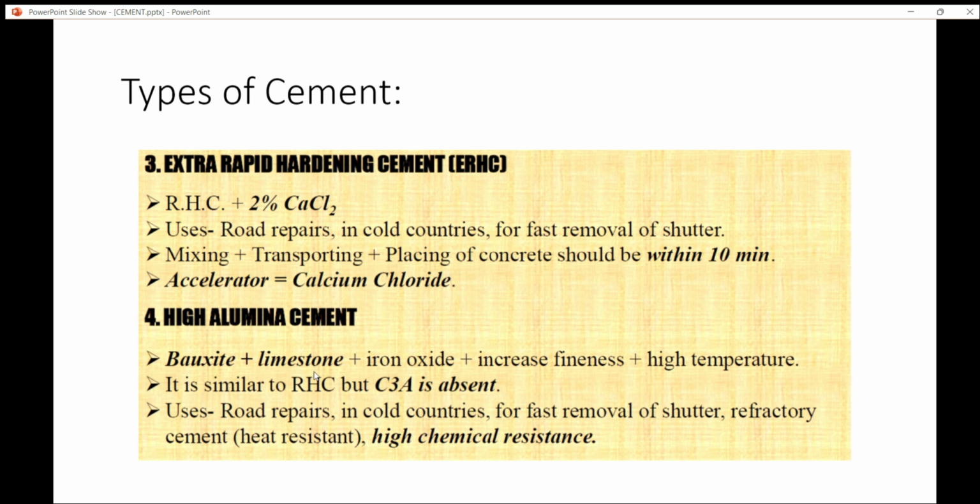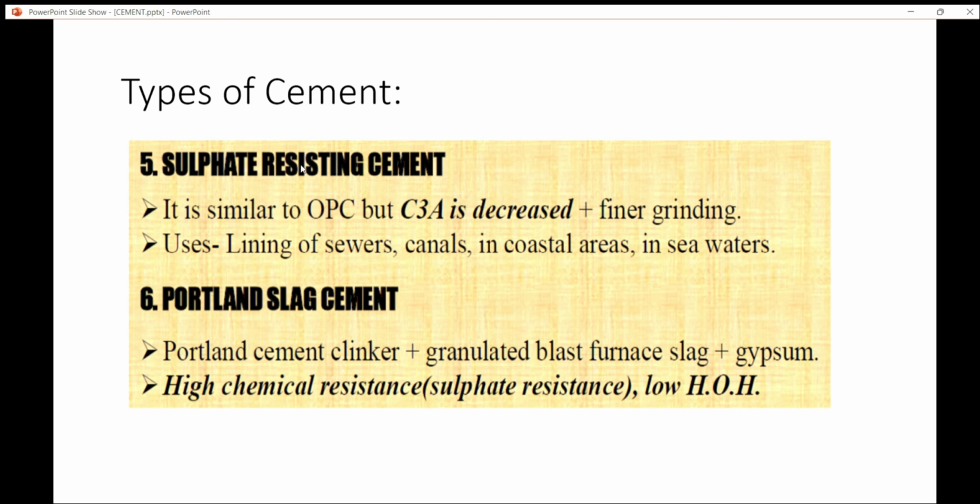It is similar to RHC, but C3A is absent. Used for road repairs in cold countries for fast removal of shutter. Refractory cement, high chemical resistance. Sulfate resistant cement. It is similar to OPC, but C3A is decreased plus finer grinding. Used for lining in sewers, canals, and coastal areas in sea waters.